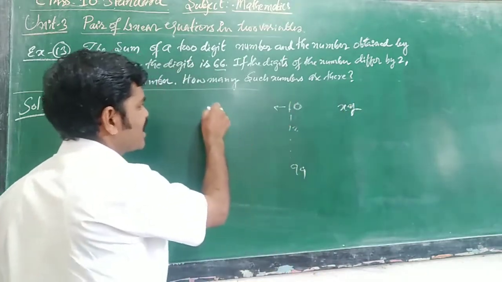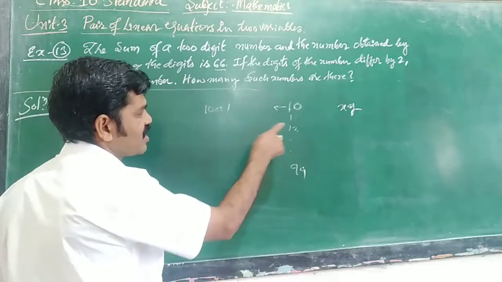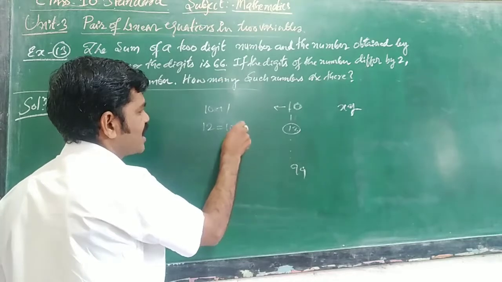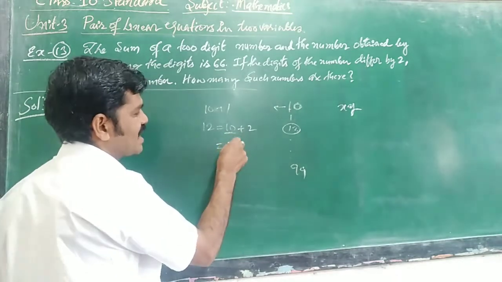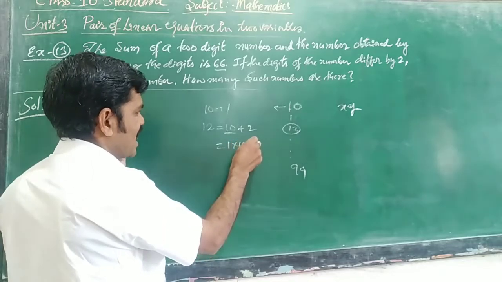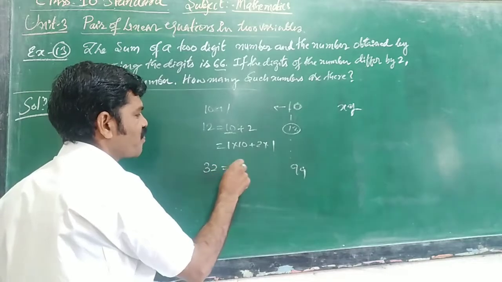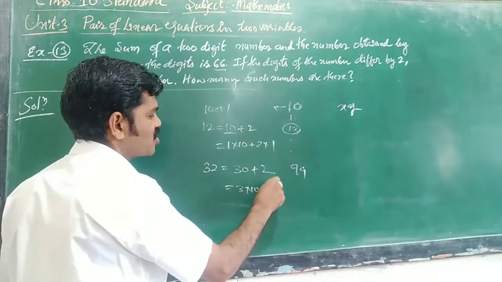See, 10 can be written as 10 plus 0, and 12 is equal to 10 plus 2. So 12 is denoted as 1 into 10 plus 2 into 1. If it is 32, it is 30 plus 2, that is 3 into 10 plus 2 into 1.